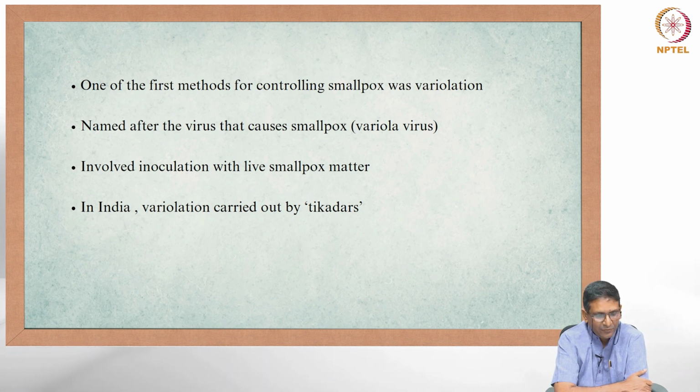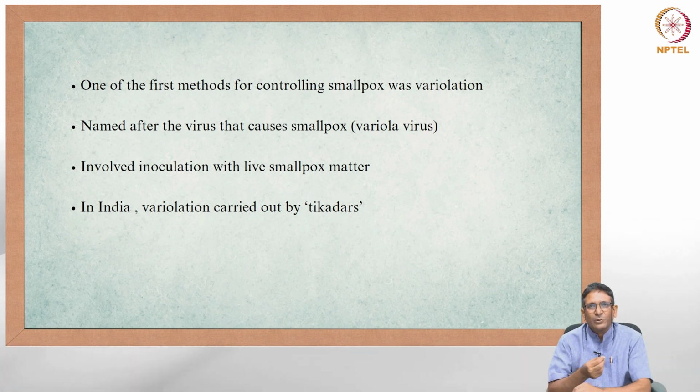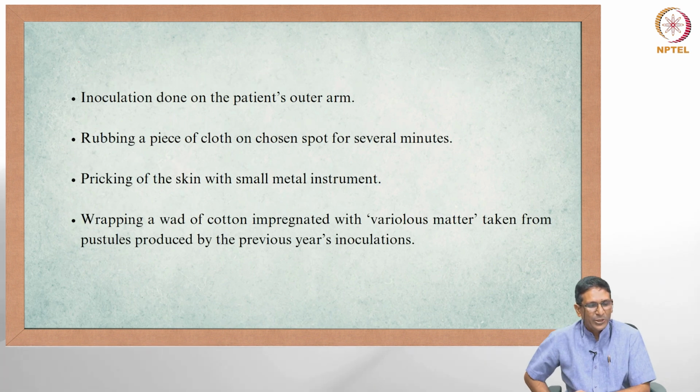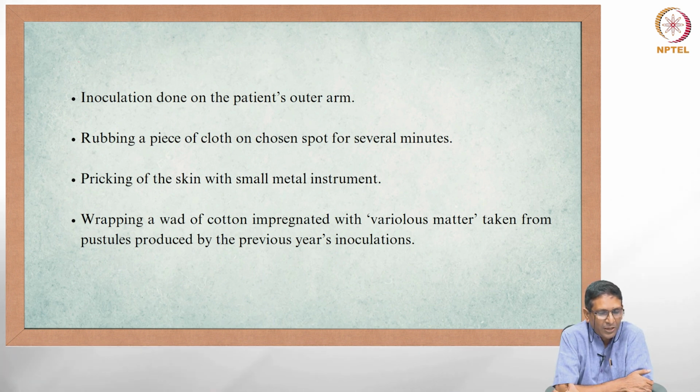In India, the variolation was carried out by tikadars, people who left a tika mark on the skin on the body. It is usually done on the patient's outer arm.